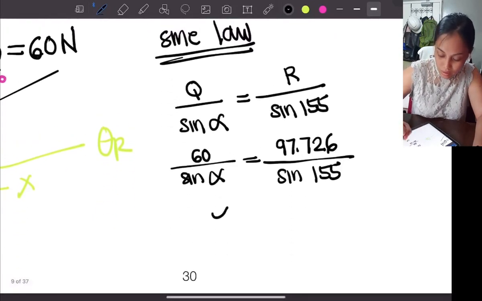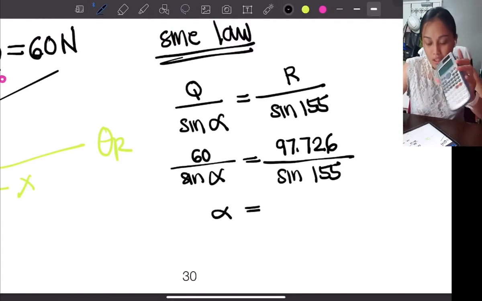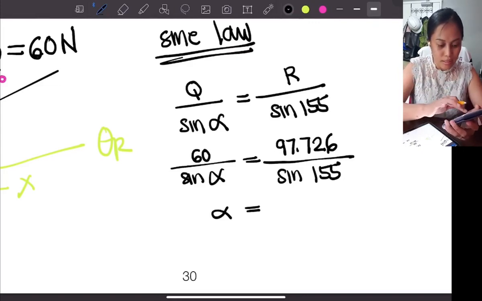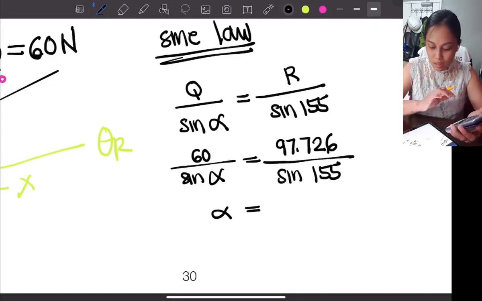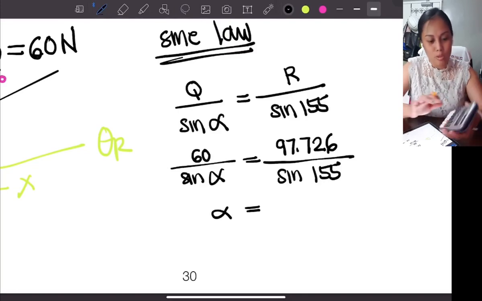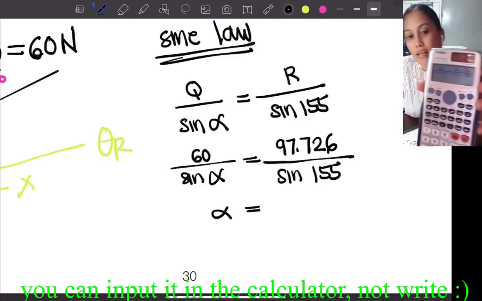On the calculator, you can enter it directly as a fraction, 60 over sine x equals 97.726 over sine 155.